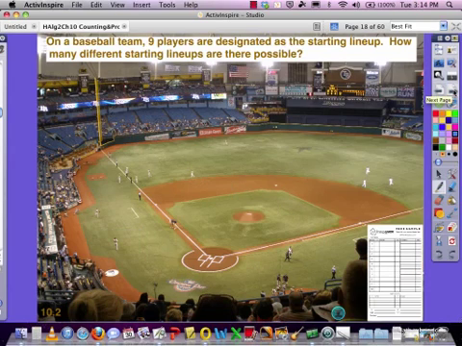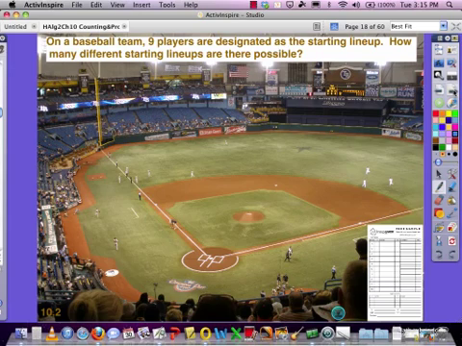So now, looking at our baseball situation, on a baseball team, 9 players are designated as the starting lineup. How many different starting lineups are there possible? Now, some people would say, well, we need to know how many people. No. They're just talking about the 9 players.